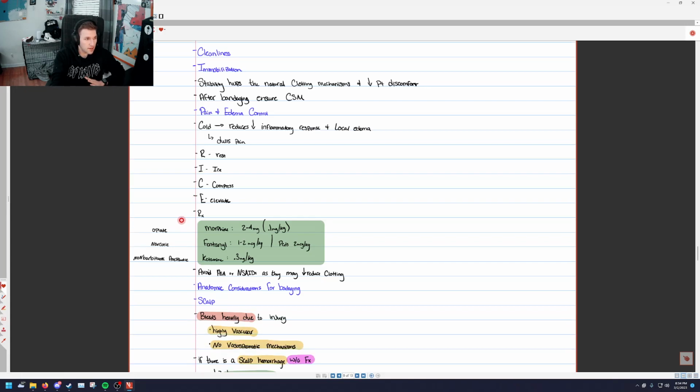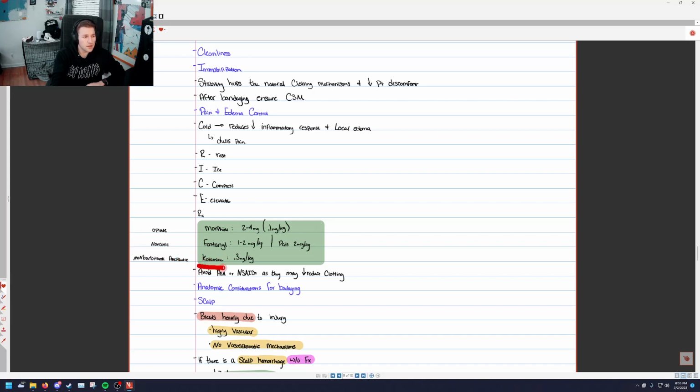Some options that we have for any pain management is we have our morphine, 4 milligrams, or our fentanyl. You can do 1 to 2 mics per kilo, and our ketamine, which don't actually look at this. It's going to be 0.2 milligrams per kilo for Macomb County protocol.